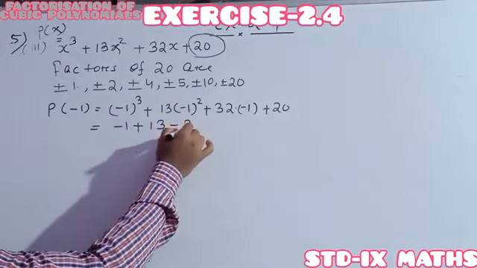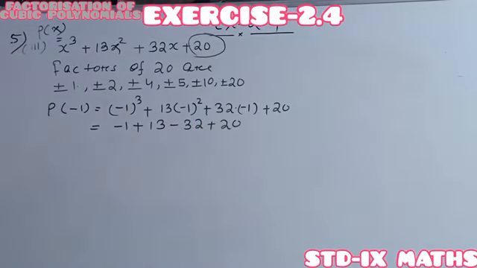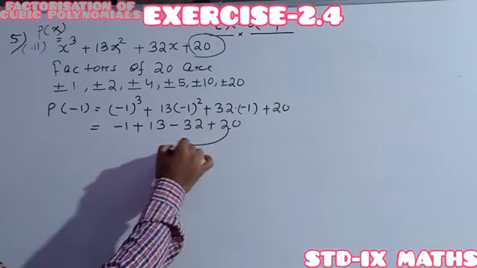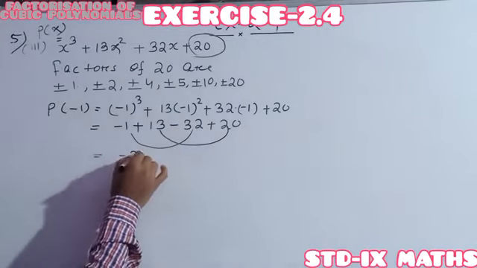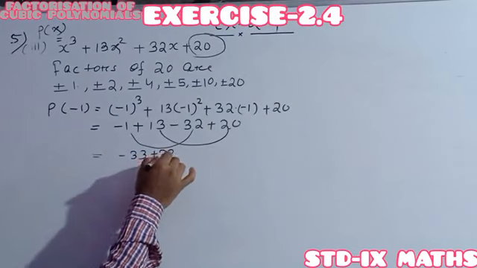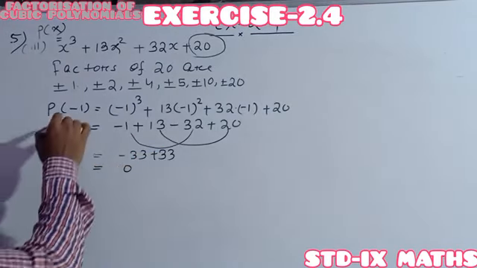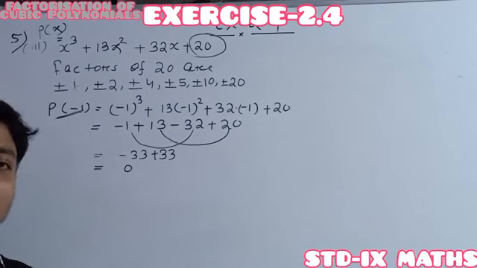Here it is minus 32, here it is plus 20. Just see, 20 plus 13 is 33, and minus 32 minus 1 is also minus 33. So in the next step I obtain minus 33 plus 33, which becomes 0. So at minus 1 the polynomial becomes 0.